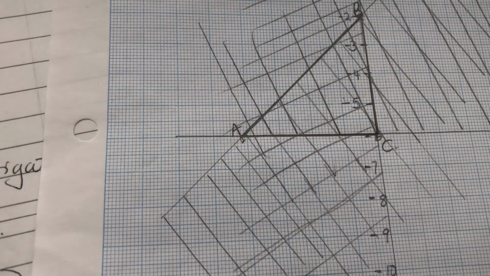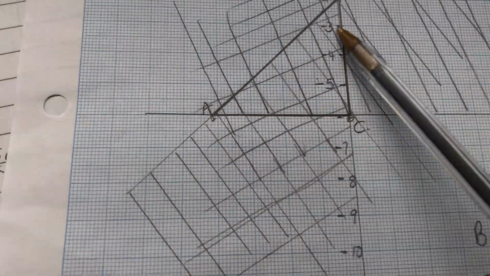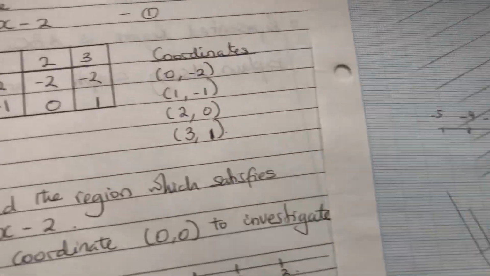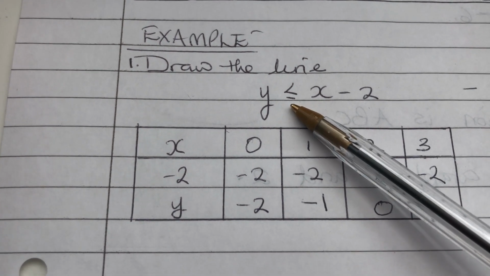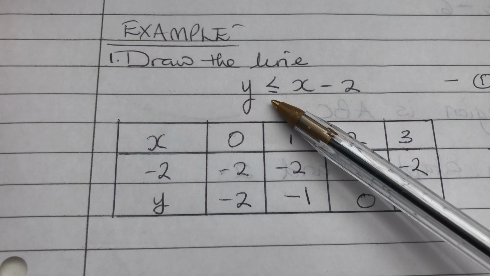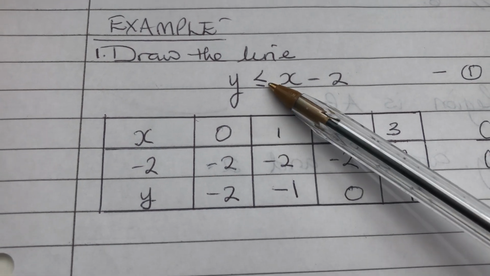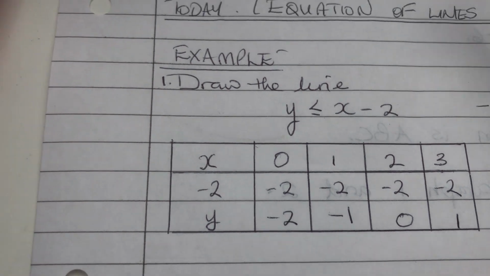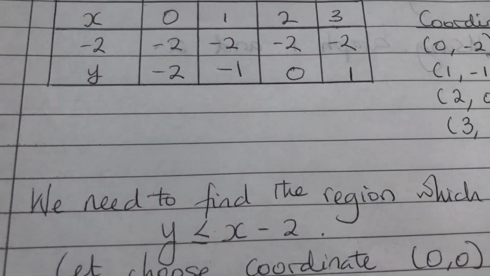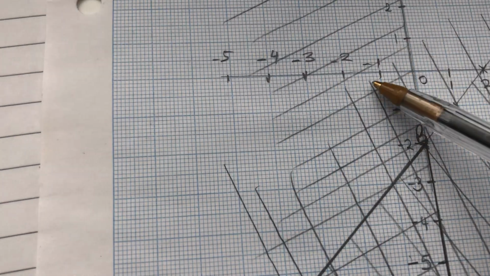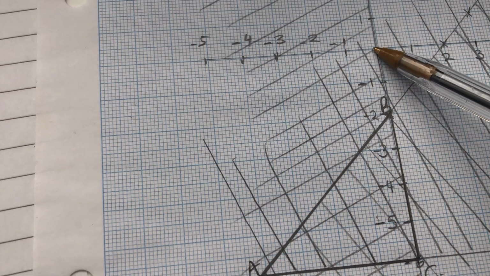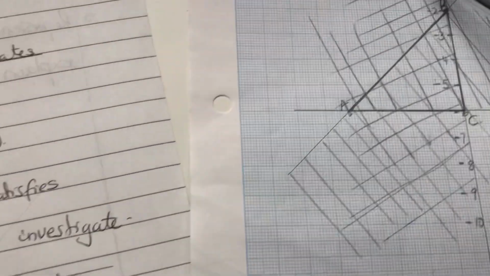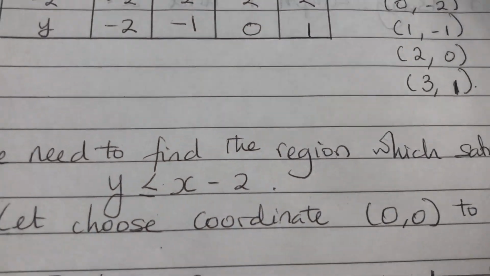Now I need to investigate which portion is y less or equal to x minus 2 after drawing the line. So when I drew the line, (0, 0) is not on the line, so I chose the origin because it's easier to see.